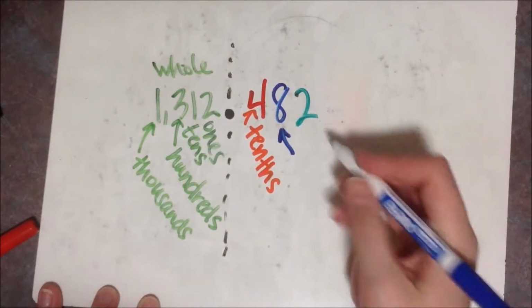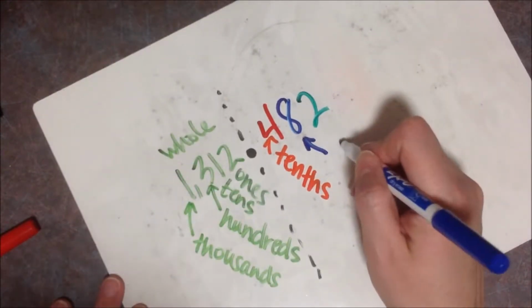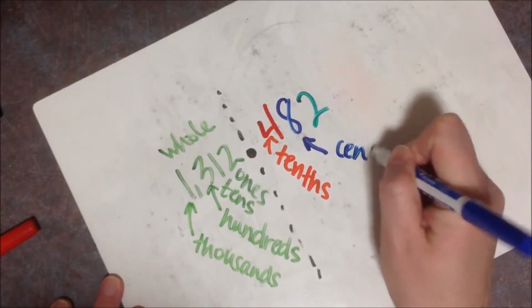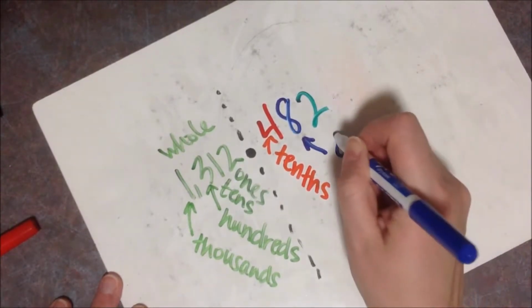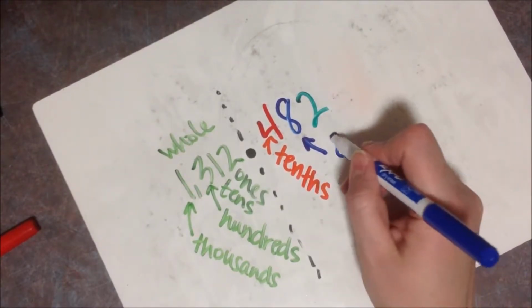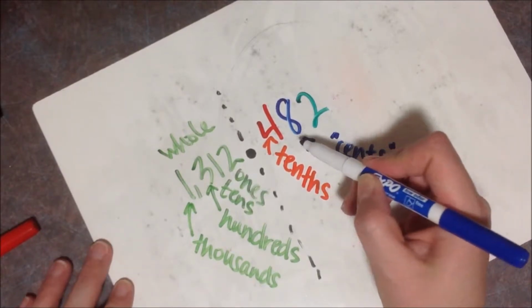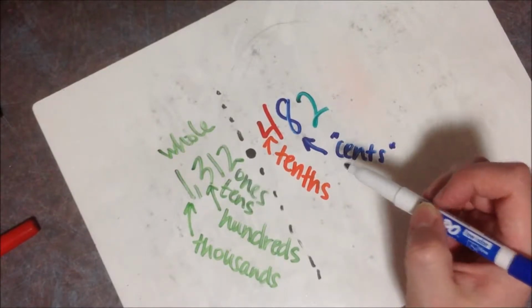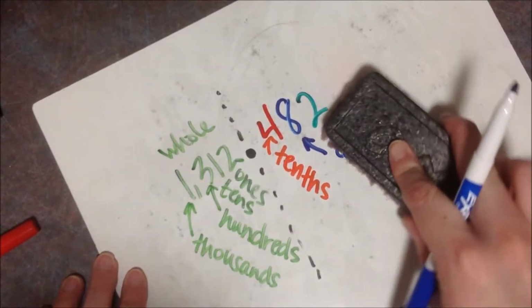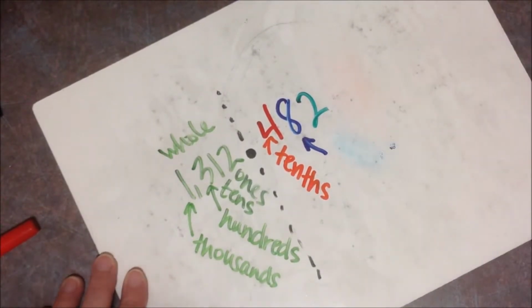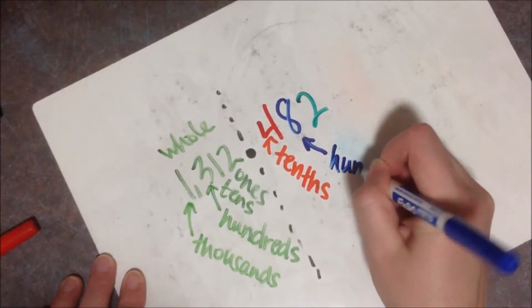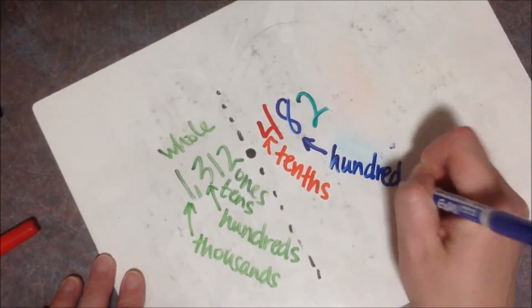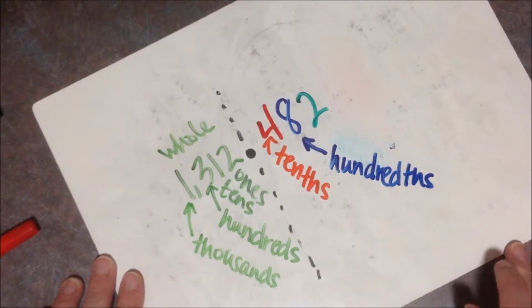The next place over, we've been talking about it as the cents place. If we need to round to the nearest cent, we go out 2 places here because that's what we deal with in money. But it has another name, and that is the hundredths place.